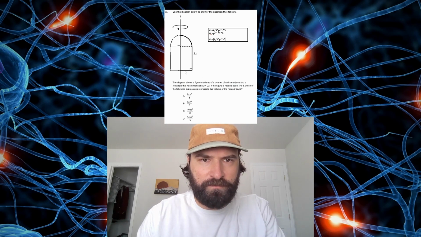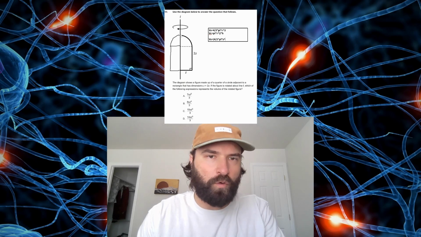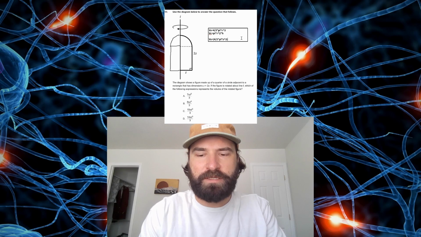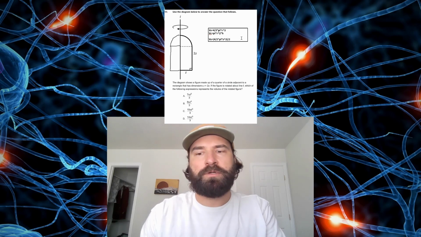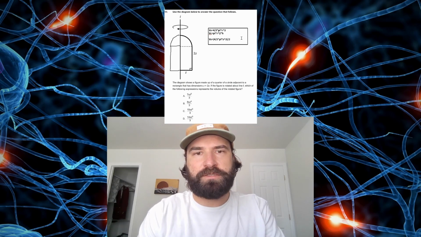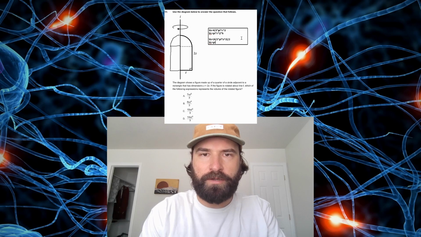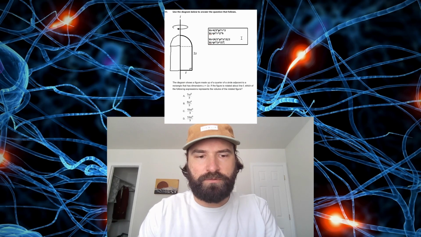Hopefully that's easy enough to see. You can translate this up here, and that's the radius of the quarter circle that they gave us. So z cubed would be this, and then we're just dividing that by 2, and then plugging our z's into our cylinder equation. The cylinder would equal pi r squared, so pi times our r, which is z squared, and then times the height, which is 2z.